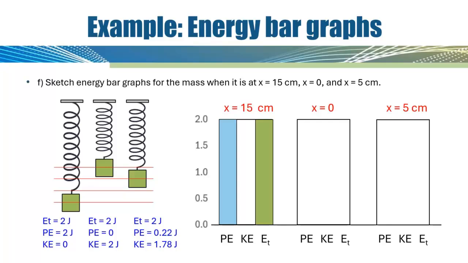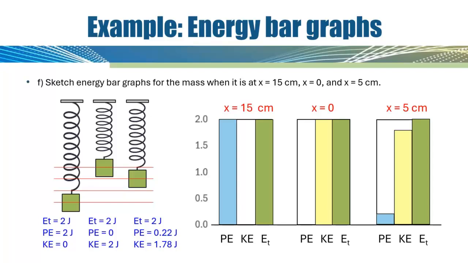When the mass swings back to equilibrium, you can see that we still have total energy of 2 joules, but all of that potential energy has now turned into kinetic energy. And then when we get to the final one, where we are partway in between, we have a little bit of potential, 0.22 joules, and the kinetic energy, 1.78 joules.